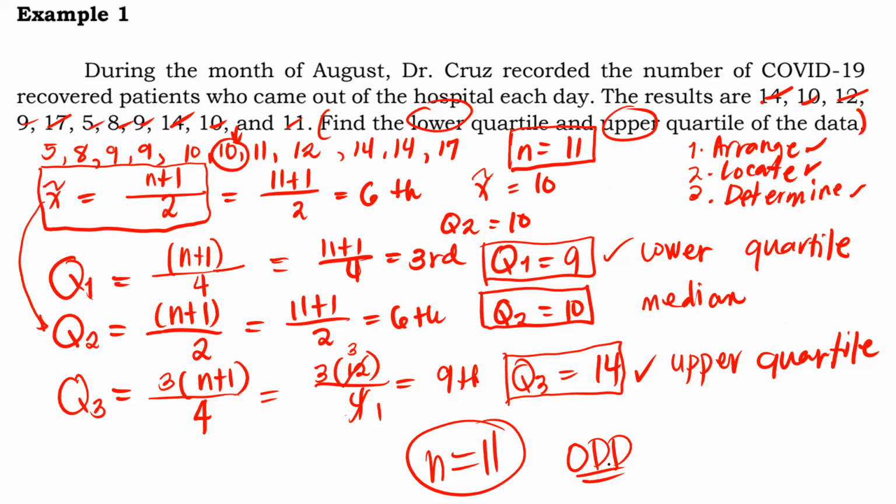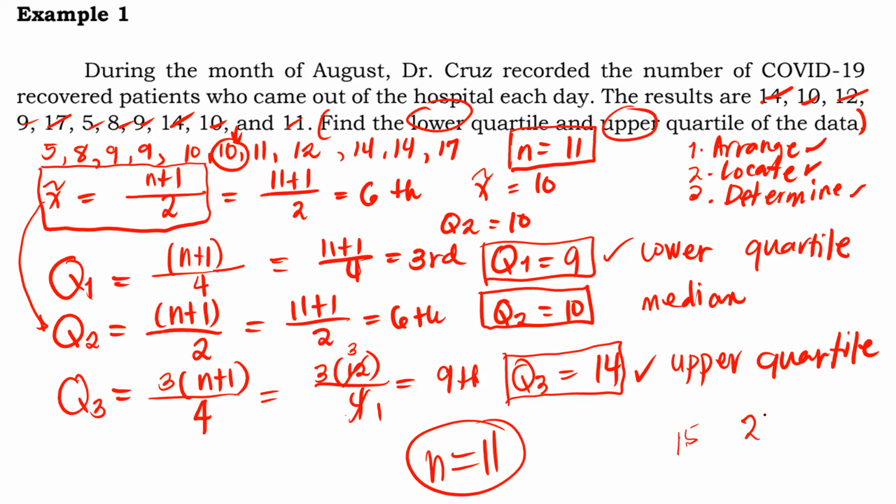Okay? So, ang kagandahan, nung nag-add tayo ng 1 sa 11, nag-divide tayo sa 4, divisible siya. Nung nag-add tayo ng 1, nag-divide tayo sa 2, divisible siya. Let's say 15. Add ka ng 1, divide 4, pwede pa rin.